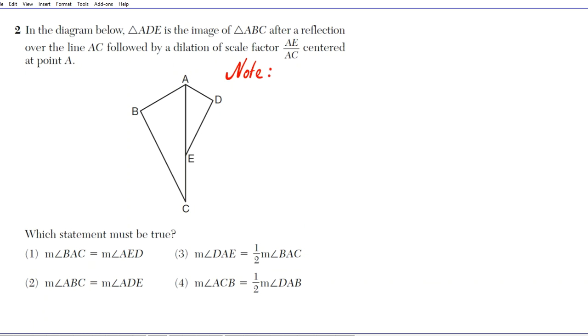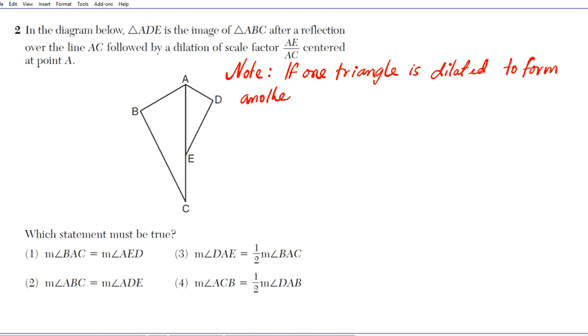Note, if one triangle is dilated to form another, then the two triangles are similar.